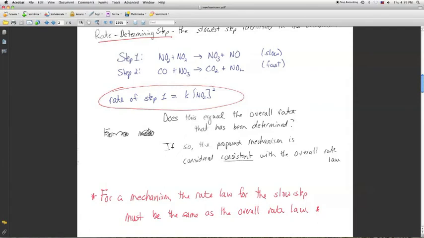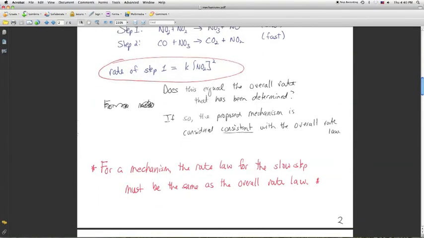Maybe someone would have figured out by doing one of those other experiments what the overall rate is for this reaction. And if that overall rate ends up being the same as just this step's rate, then our conclusion is that the mechanism is considered consistent with the overall rate. You'll hear that wording again, the idea of a mechanism being consistent. But the statement in red there is the important one.